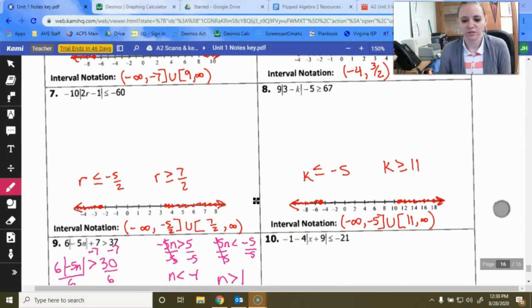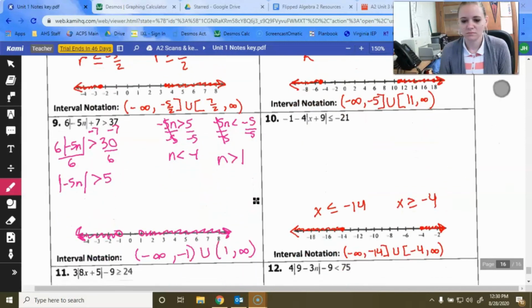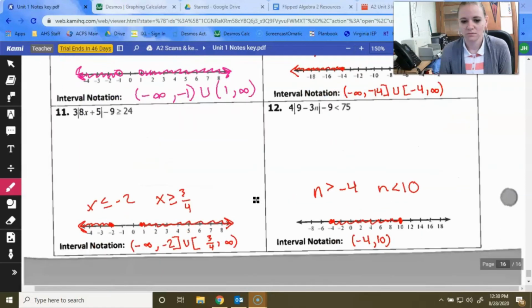Here's number 7 and 8. Here's number 10. And here's numbers 11 and 12.